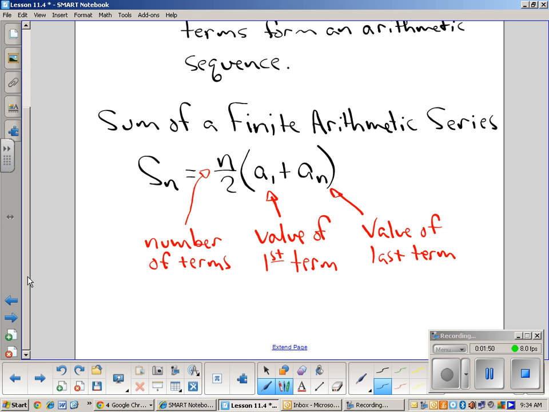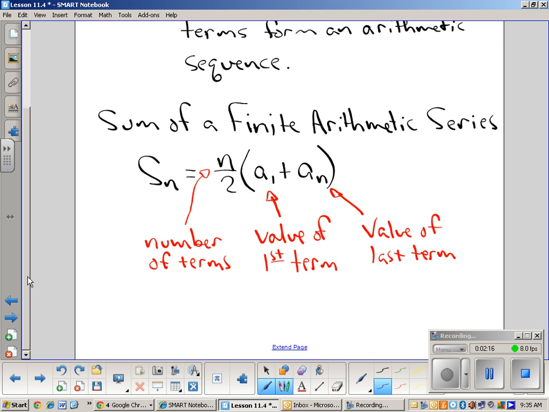Do we have an explicit version of this, or is this an explicit term? Does it find whatever term you want? You mean you're trying to make it explicit or recursive. We just have one formula that helps us find the sum of all of them. I don't think it would be proper to term it explicit or recursive.